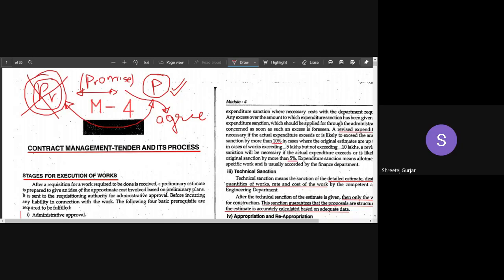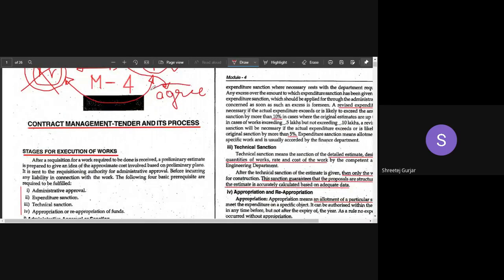Hence, whatever agreement the two parties make has to be brought under some legal framework, so that it can be enforced by law. If any of the parties does not perform as per the agreement, and any reward which was promised is not given, it can be made punishable.